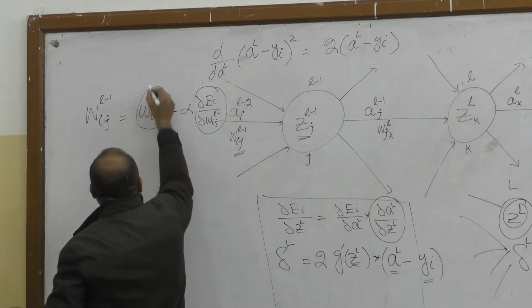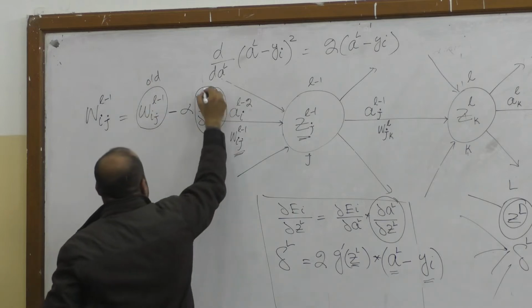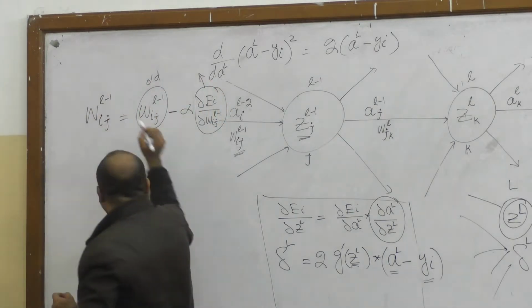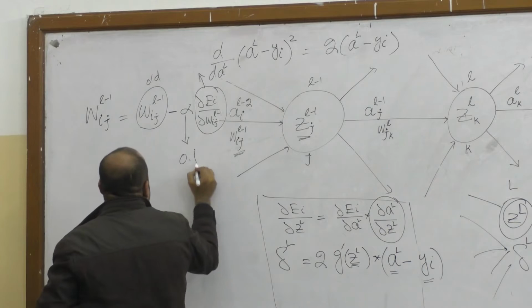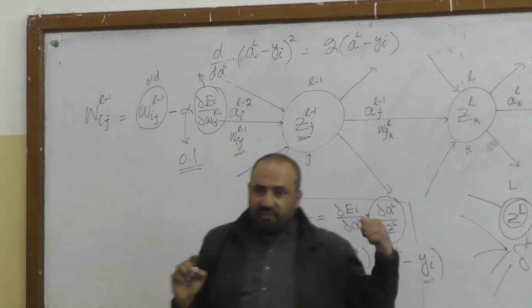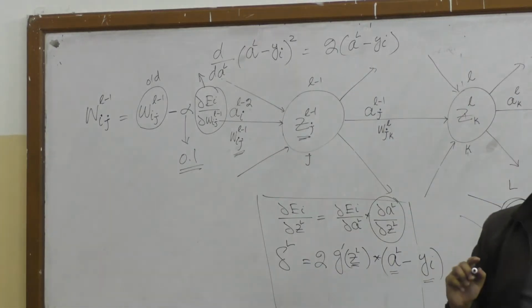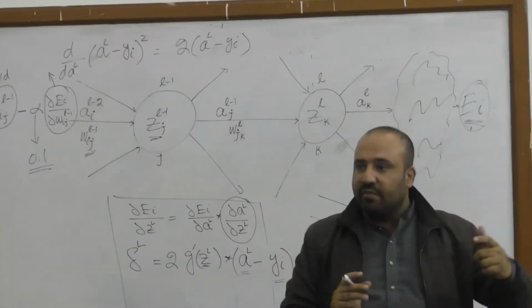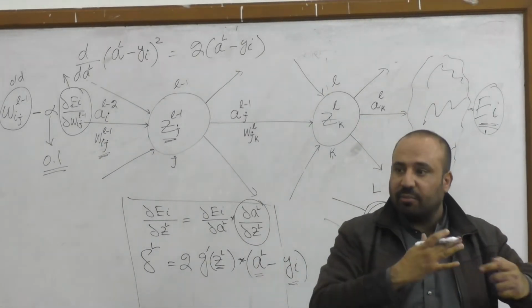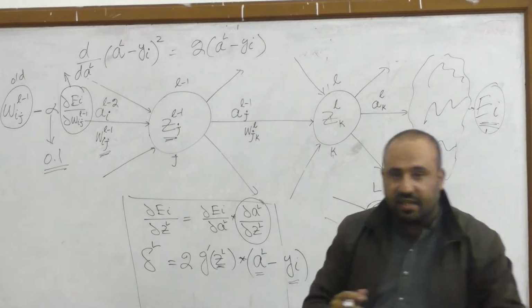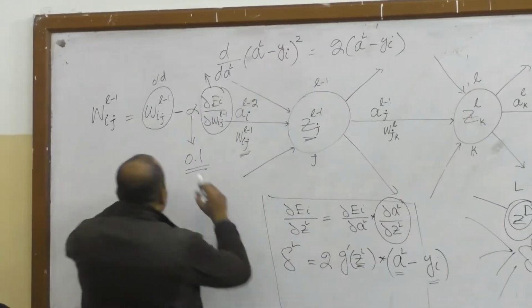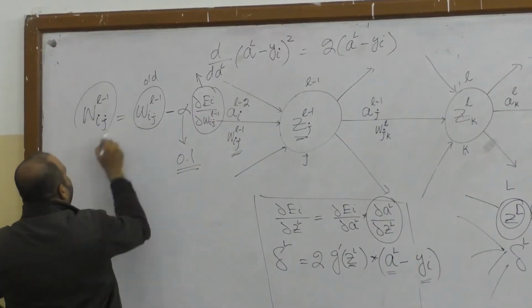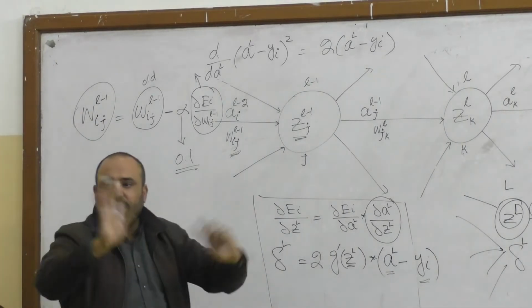This is the old one. This is the number you have computed. This alpha is a fixed number called the learning rate. In practice, I will talk about this in the next lecture, the learning rate should be adaptive. As you move on, the learning rate should adapt itself rather than be a fixed number. We'll see that. But for now, this is the number. And through this formula, you have your new weight. Change all the weights.